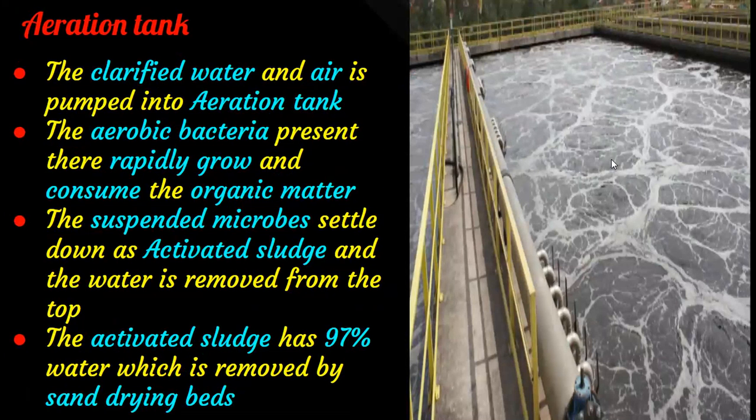This process takes several hours, and the suspended microbes settle down at the bottom as activated sludge, and the water is removed from the top. The activated sludge has 97% of water. The water is removed by sand drying beds or machines.